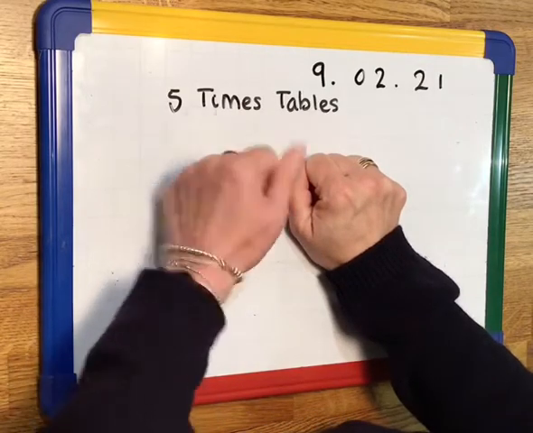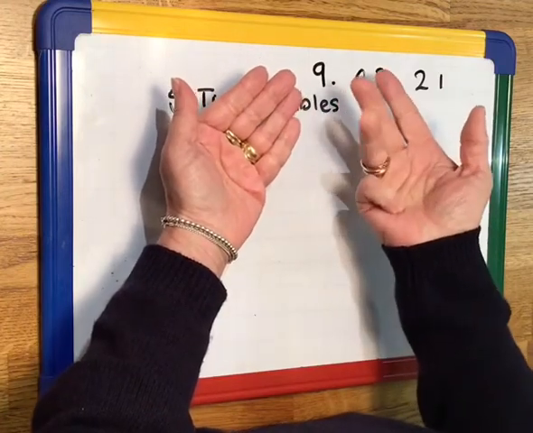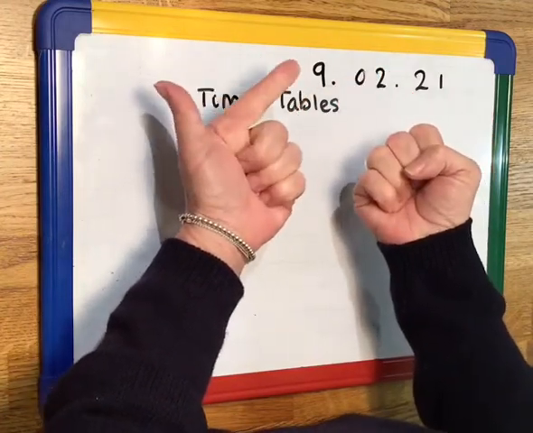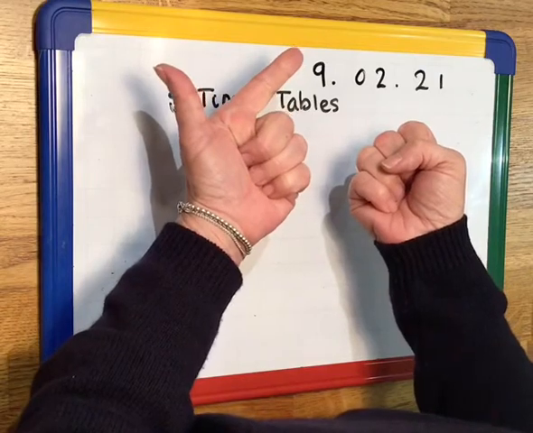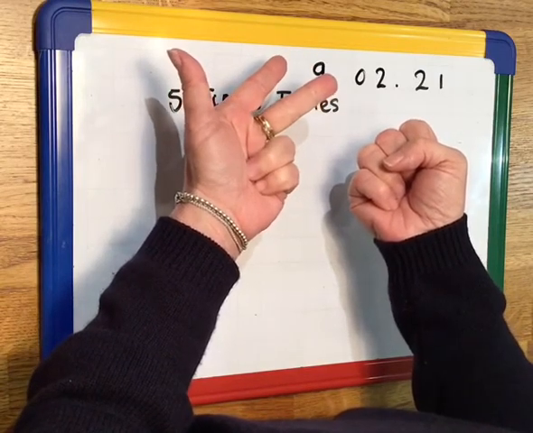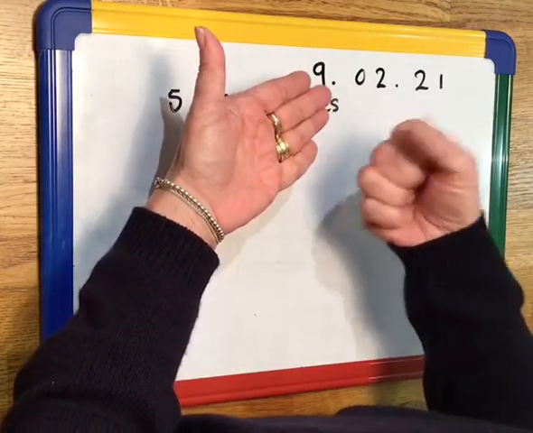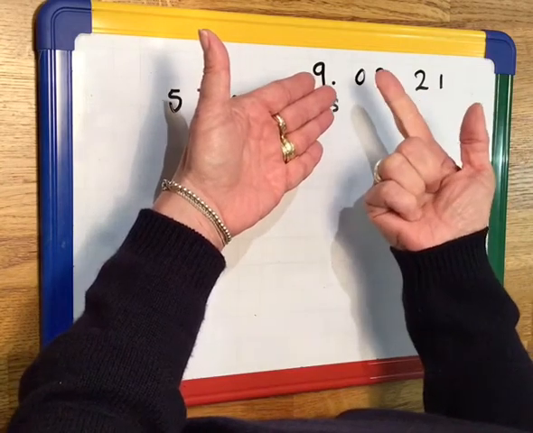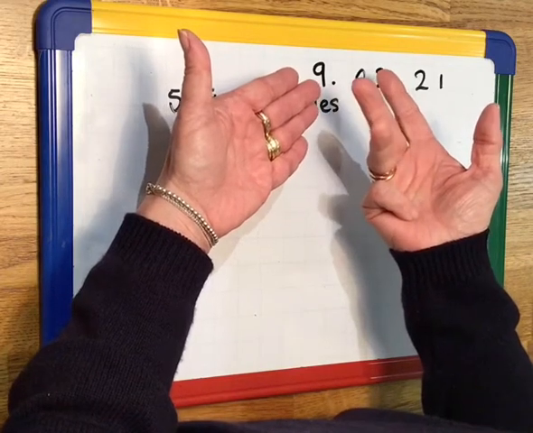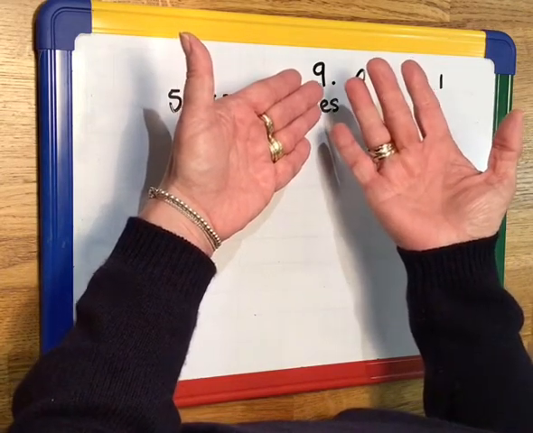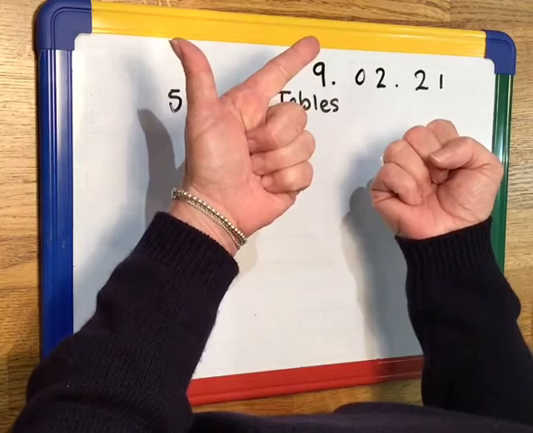So instead of going 5, 10, 15, 20, 25, 30, 35, 40, 45, 50, 55, 60, we could say 1 times 5 is 5, 2 times 5 is 10, 3 times 5 is 15, 4 times 5 is 20, 5 times 5 is 25, 6 times 5 is 30, 7 times 5 is 35, 8 times 5 is 40, 9 times 5 is 45, 10 times 5 is 50, 11 times 5 is 55, 12 times 5 is 60.